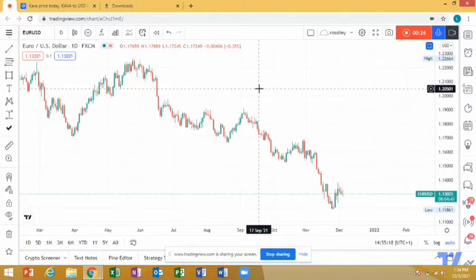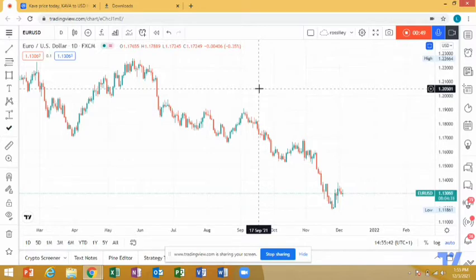The impulse move in the forex or stock market is just a strong move in the direction of the trend. If it is an uptrend, it might be all bull candles and fewer bearish candles.